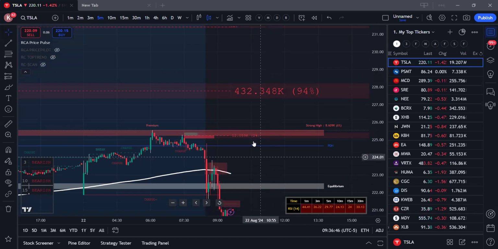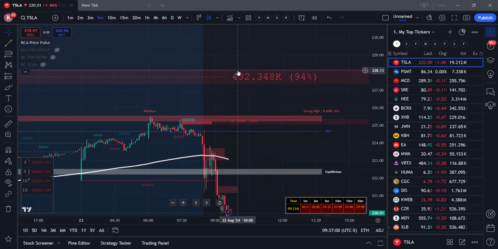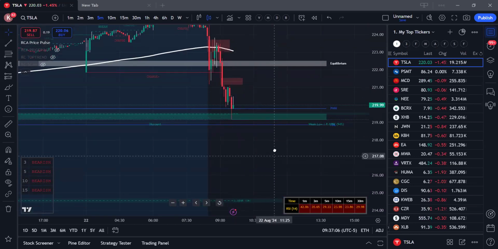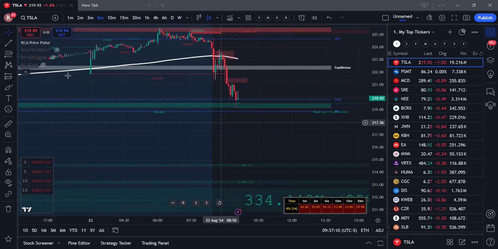When it goes and touches the 228 price, that is a very, very strong resistance. Immediately you can short, you can take profits. If you are holding Tesla stocks, you can take profits here. You can short and make money, or you can buy the puts, or you can sell the calls. As of now, we are expecting price to come further down on Tesla.